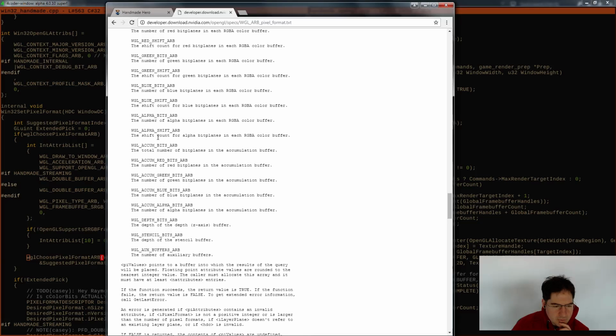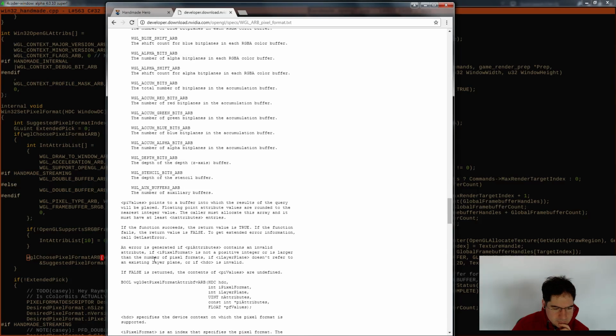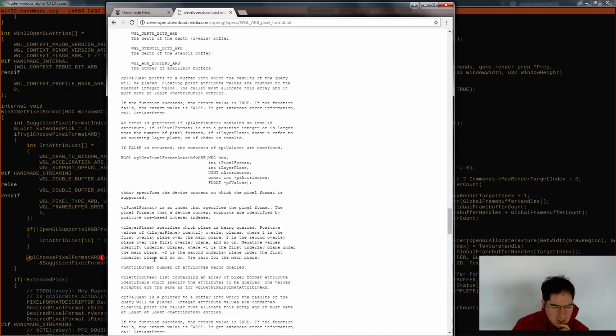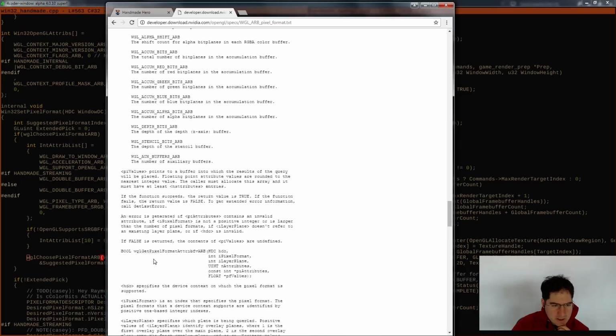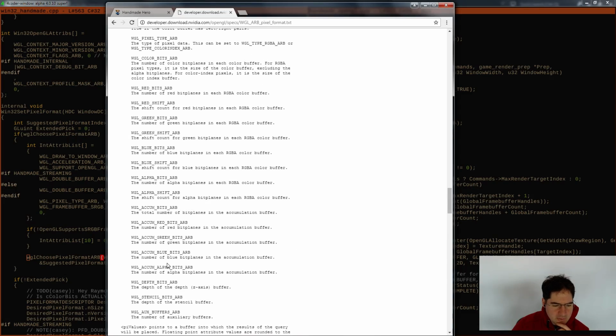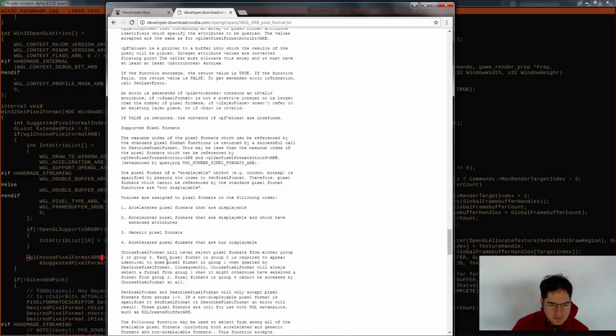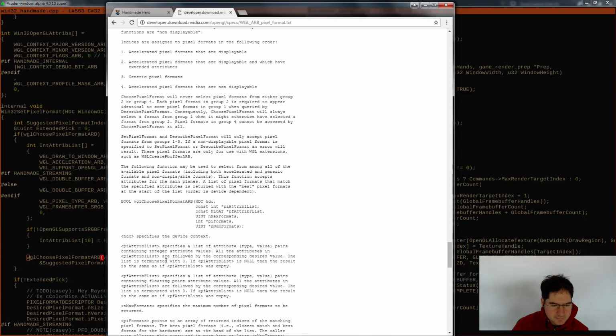So I don't know why we weren't specifying these. I guess because we didn't care. But we need to tell it that we at least want a depth buffer. And I don't know if there's any particular way to fix that.